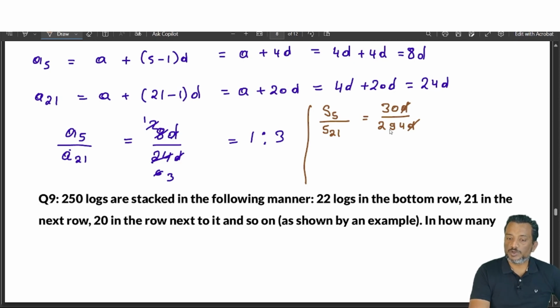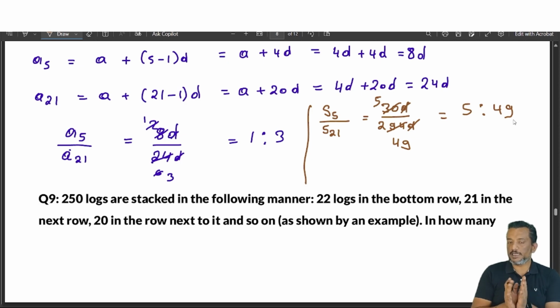Both are multiples of 6. So here you will get 5 and here you will get 49. So we can say the ratio is 5 is to 49. Hope it's clear. The question is easy, but they have twisted it. They have given the sum, and you have to find it with the sums. With the terms, you can first find the ratio of A5 to A20, and after that you have to find the ratio S5 over S21.